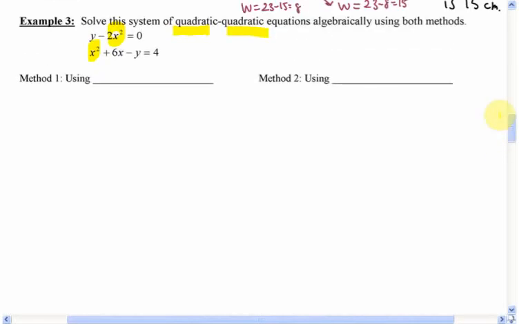I won't be doing any talking out loud, so I'd like you to try both substitution and elimination. Pause the video. Once you're done, come back and let's see what your answers are and if they match mine. Go ahead.